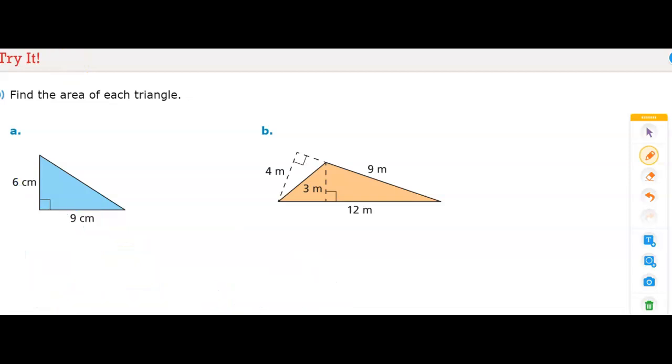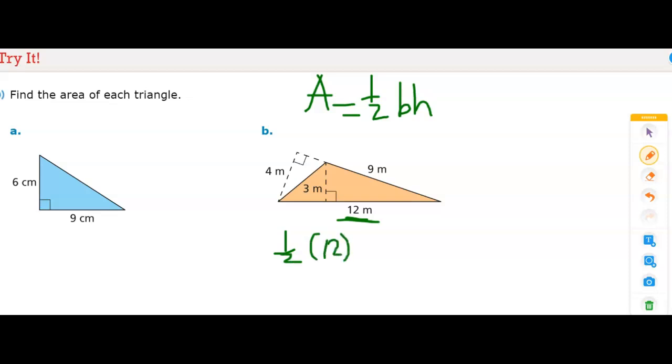Now we have B, and you need to find the area of this triangle. So once again, you have the formula of area is equal to 1/2 times base times height. We're going to take the 12 as our base.